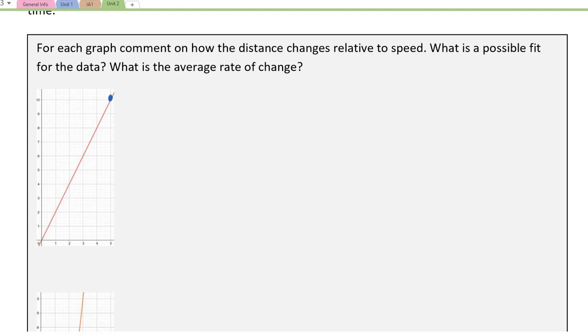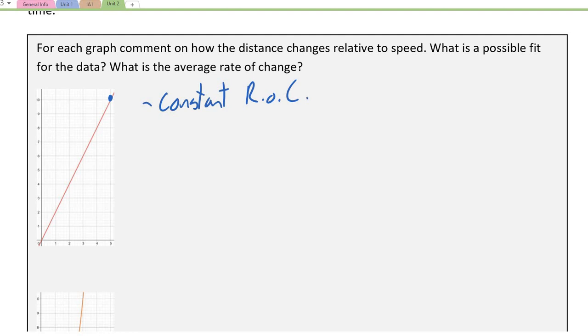So is this a constant increase? Yep. So this is a constant rate of change. Can you think of a situation where you start going 0 and then you steadily increase your speed fairly quickly?